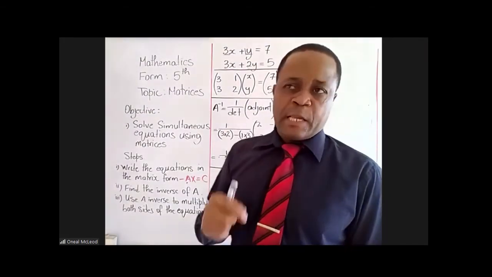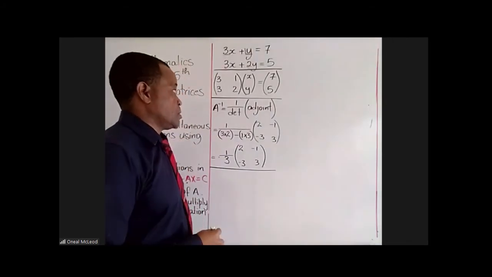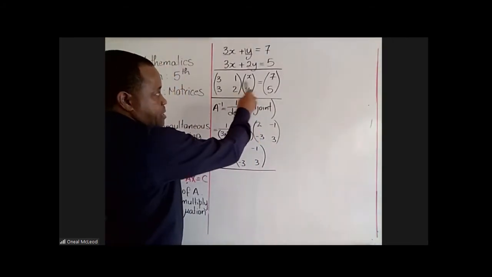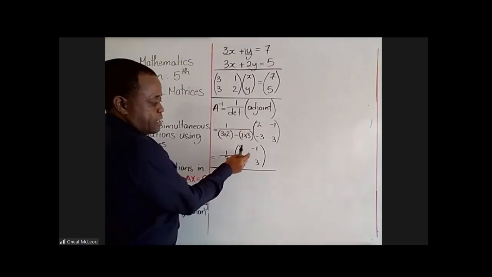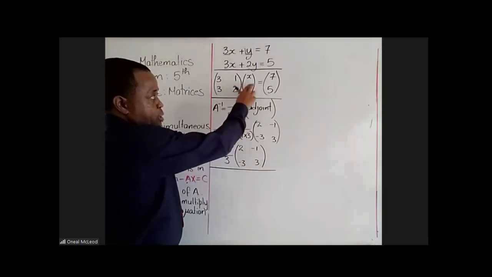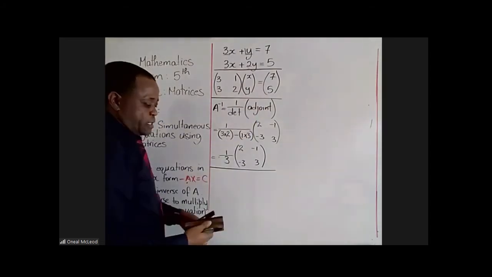Now, let us look at this, student, because here we have our equation, and what we're saying now is that we should use the inverse to multiply both sides of this equation.